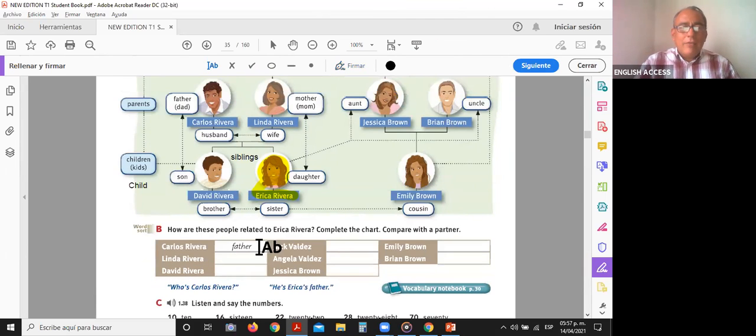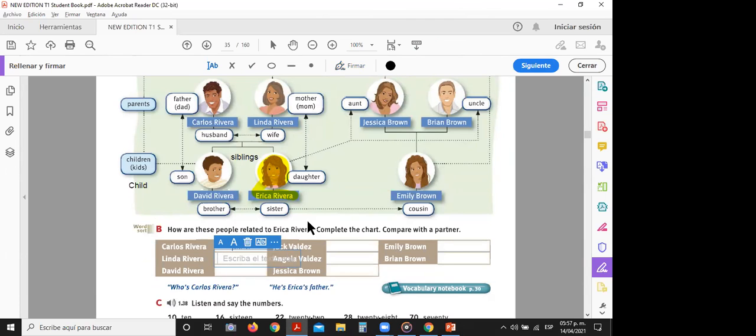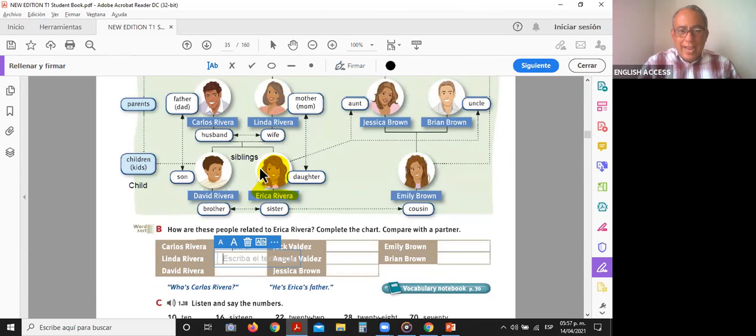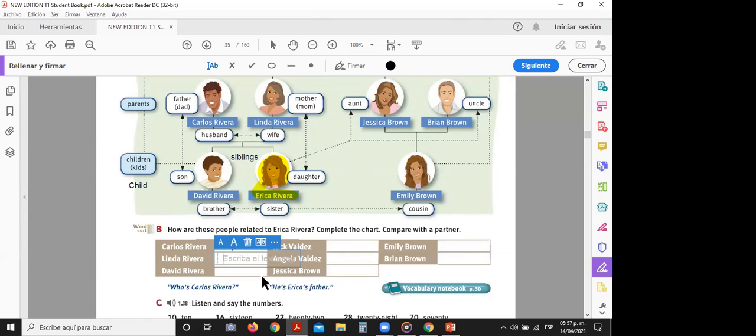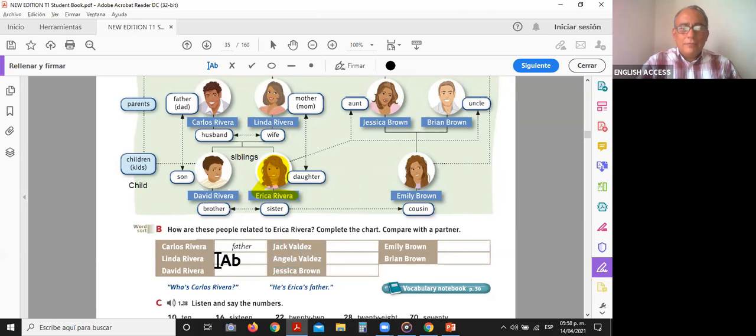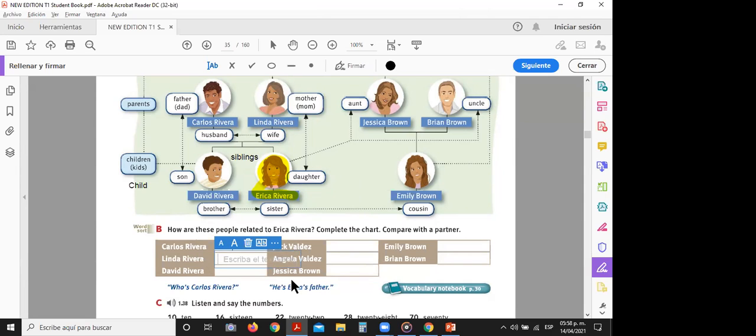So, what is the relationship with Carlos Rivera? Father. With Linda Rivera? Wife. Well, the relationship between Erika and Linda. Sister. Mother. Carlos Rivera is Erika's father. Linda Rivera is Erika's mother.